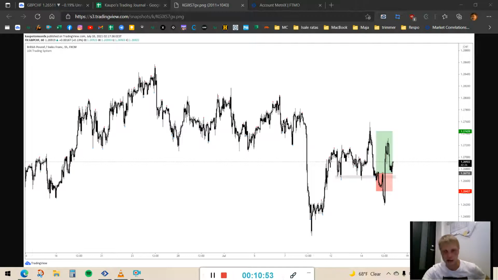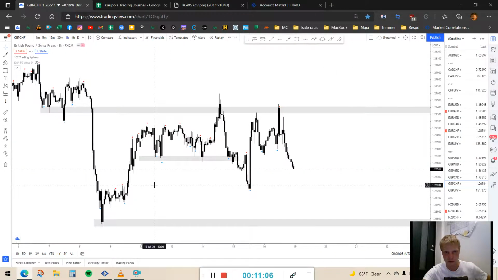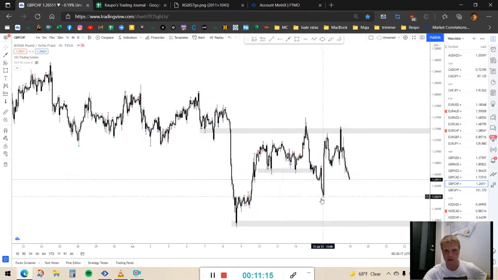So not actually a trade I should have taken, because it's not at a key extreme zone. It is a decent zone, because there's support, support, support. It bounced from here, why not bounce from here as well? But yeah, it didn't go up really high.